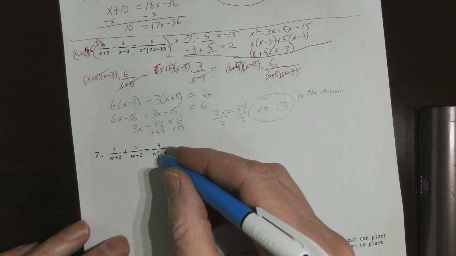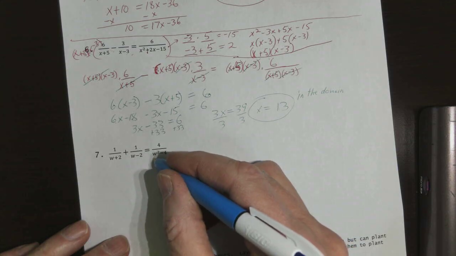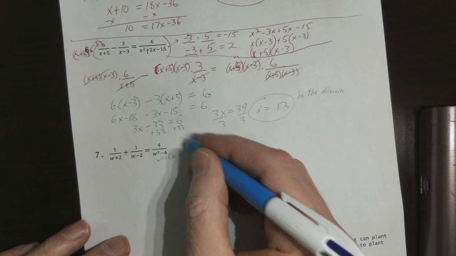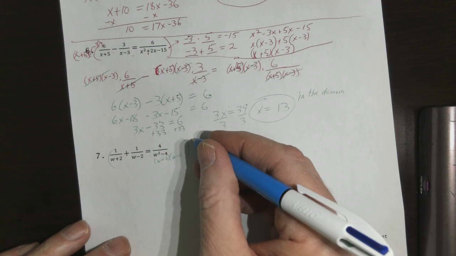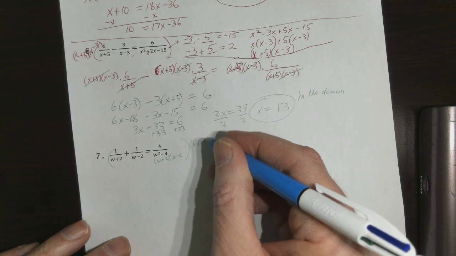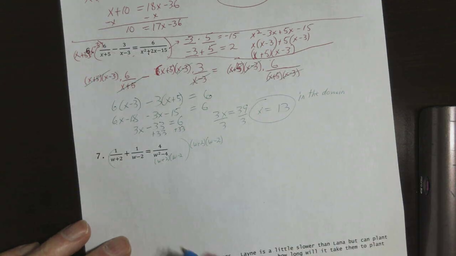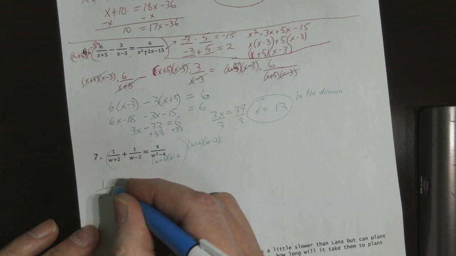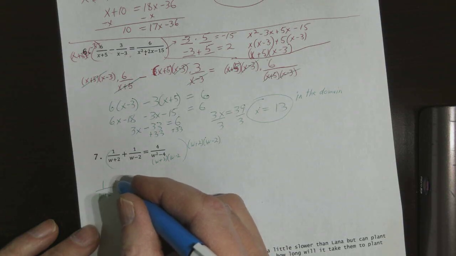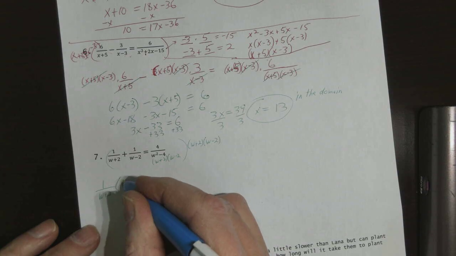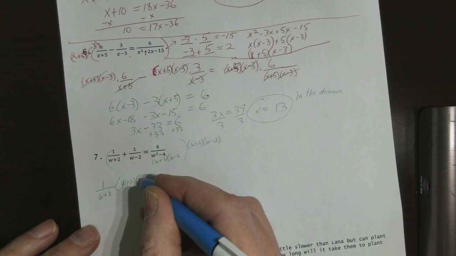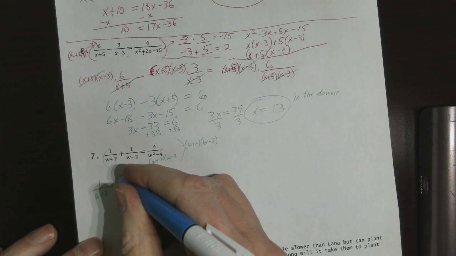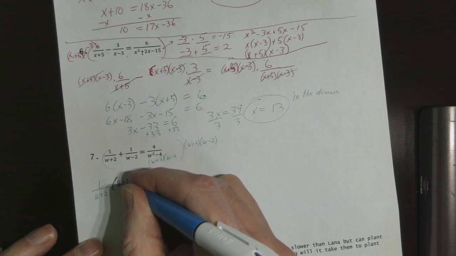Now, w squared minus 4 is w plus 2 times w minus 2. So I'm going to multiply the whole equation by w plus 2 times w minus 2. So I have 1 over w plus 2 times w plus 2 times w minus 2. Actually, let's change colors here.